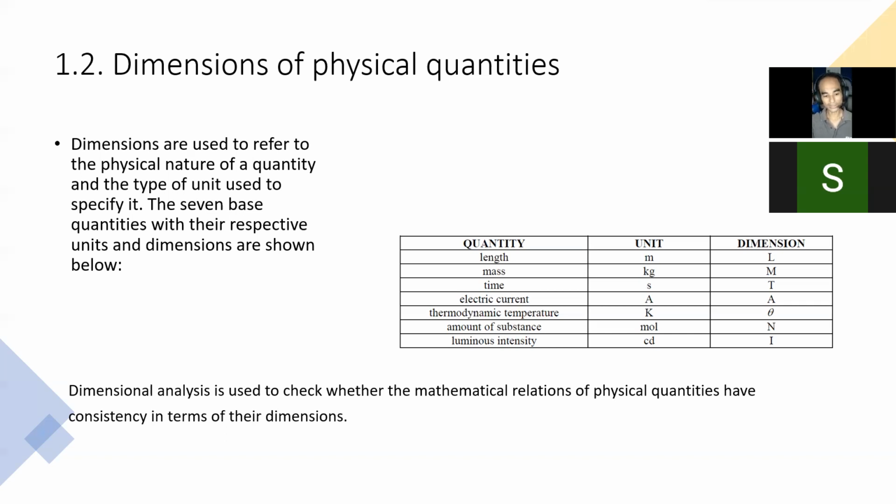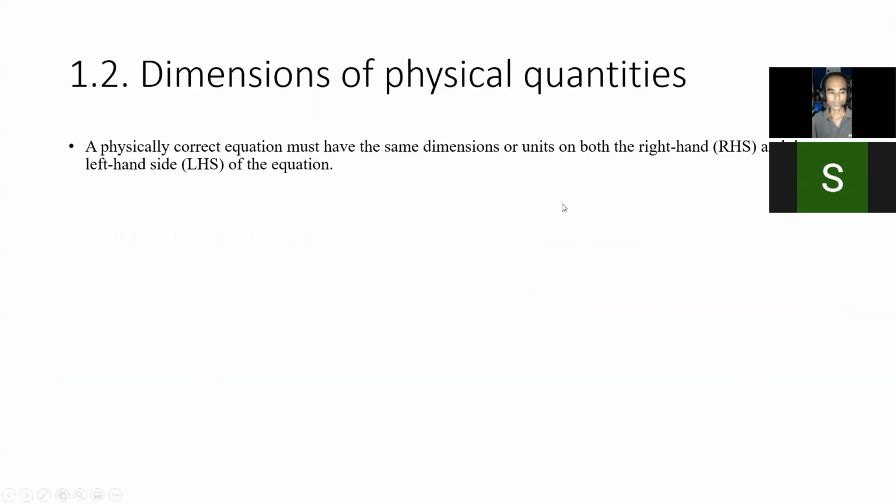Dimension analysis is used to check whether a mathematical relation between physical quantities is consistent in terms of their dimension. So why do we have dimension? For a physically correct equation, the dimension must be the same on both the right hand side, RHS, and the left hand side, LHS, of the equation.